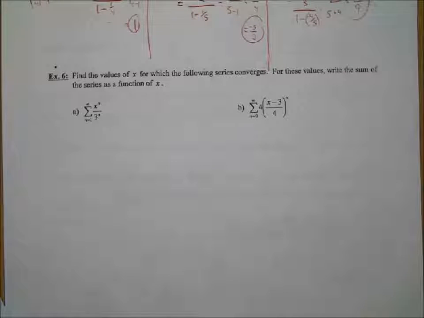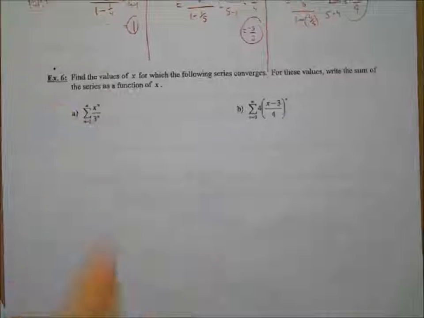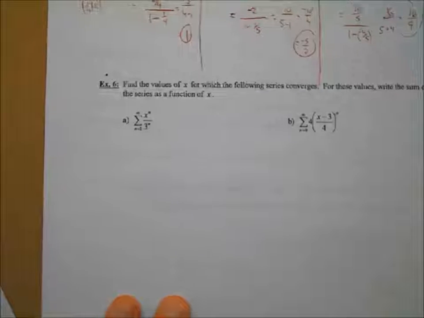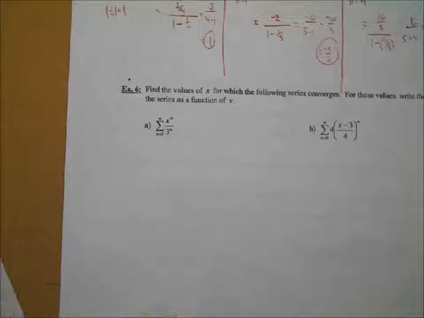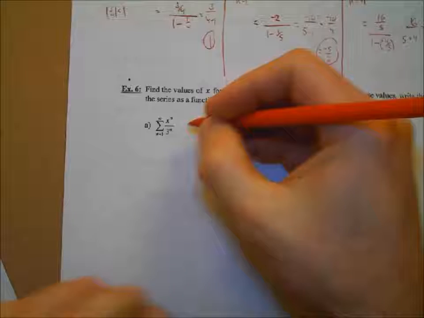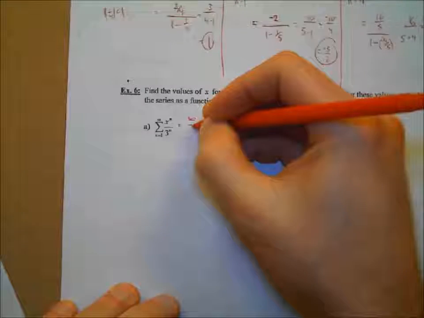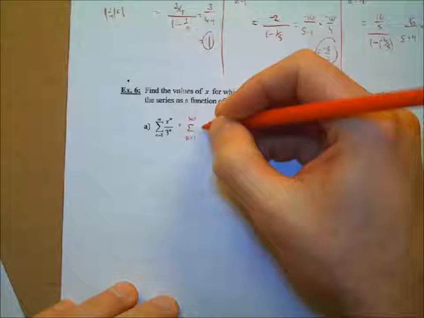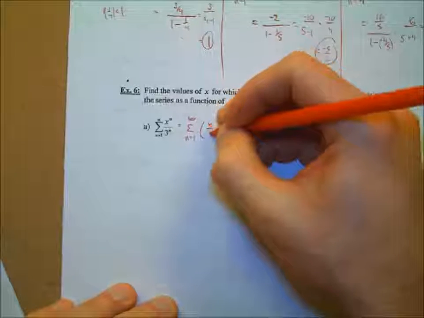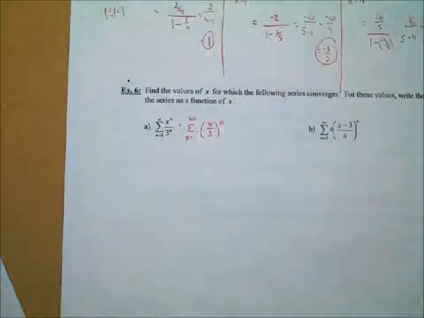Okay, so looking at this, I'll zoom in here on letter A. So we're going to find the sum from 1 to infinity of x to the n over 3 to the n, which I'm going to rewrite, just to make it a little bit more clear that it is geometric, as x over 3 to the n, like that, right? We can put them all together because they're under the same power.